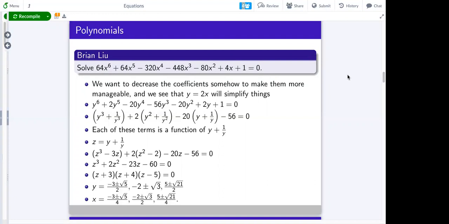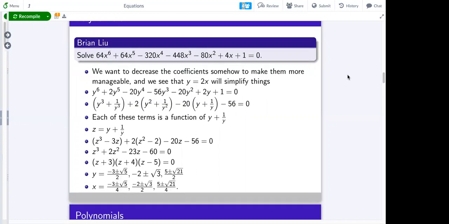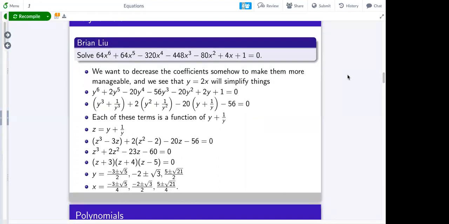We started with a degree 6, and then we ended with a degree 3, right? And then this will just make things easier to factor or whatever you want to do with a polynomial, right? So if no one has any further questions on that question, I guess we can move on to the next question.